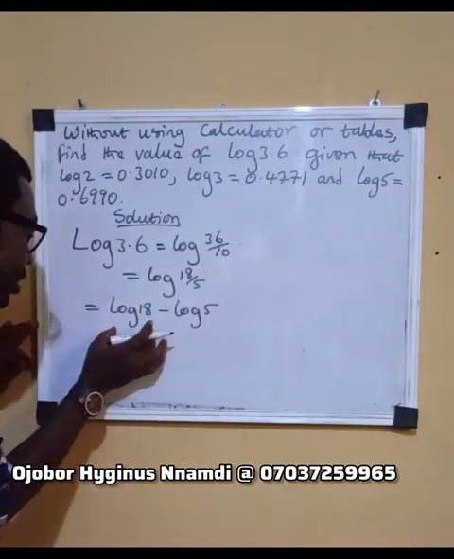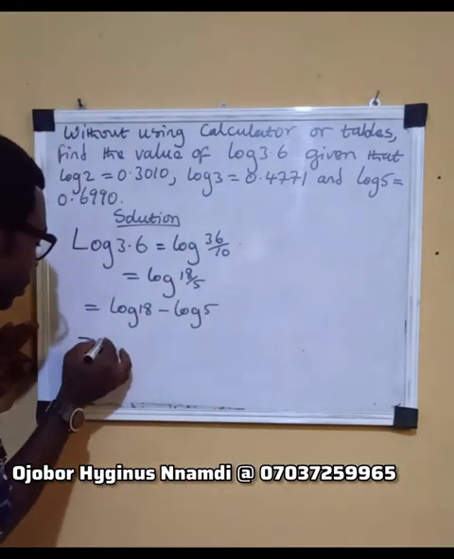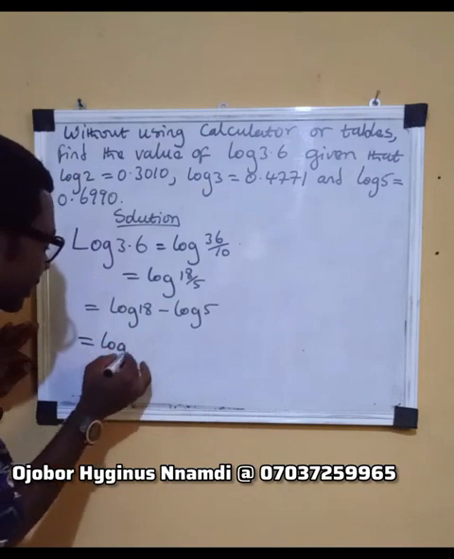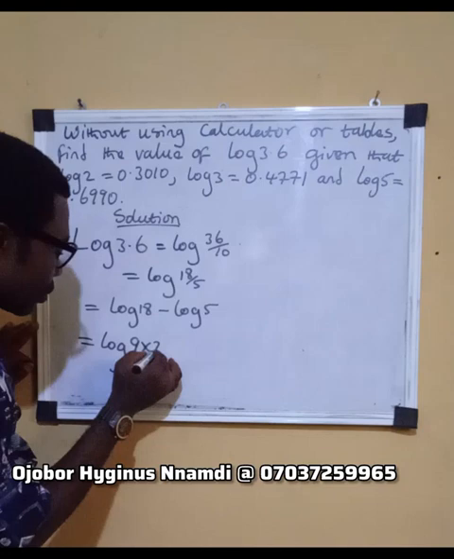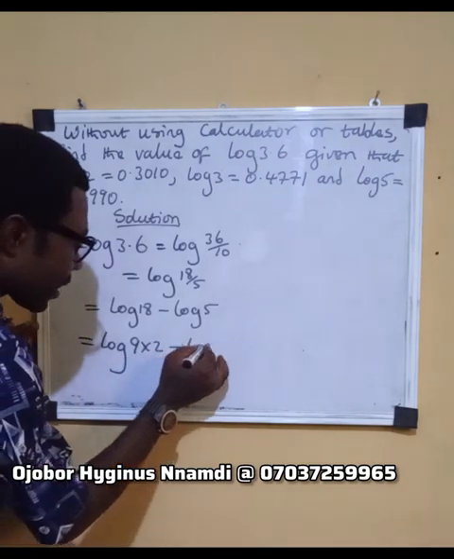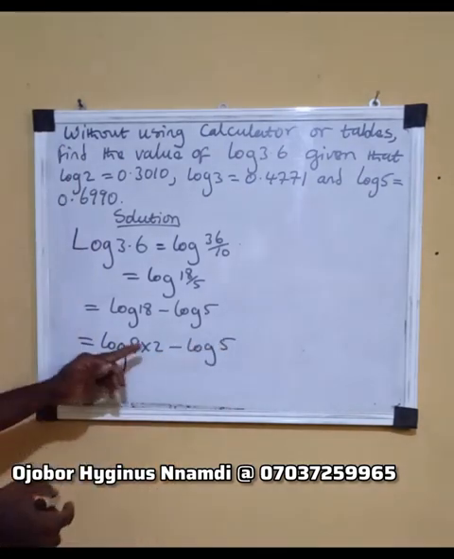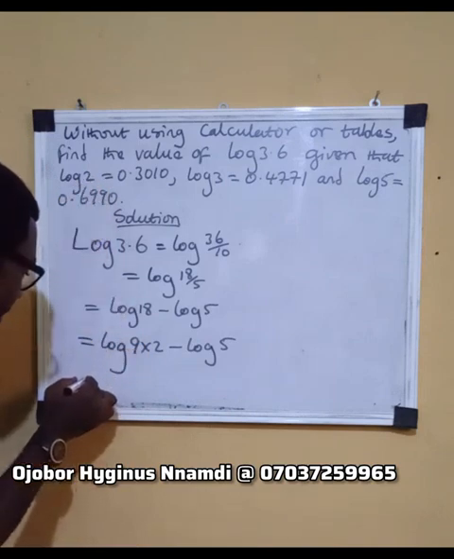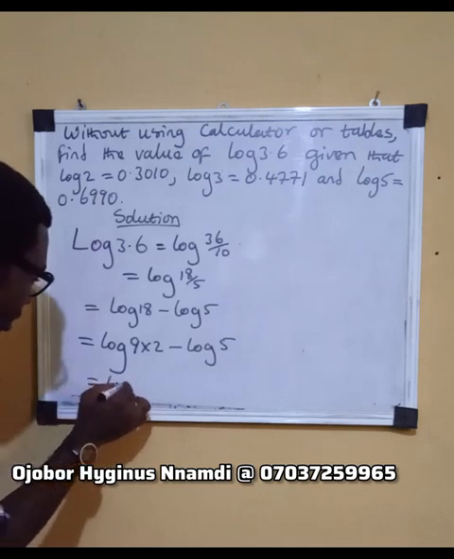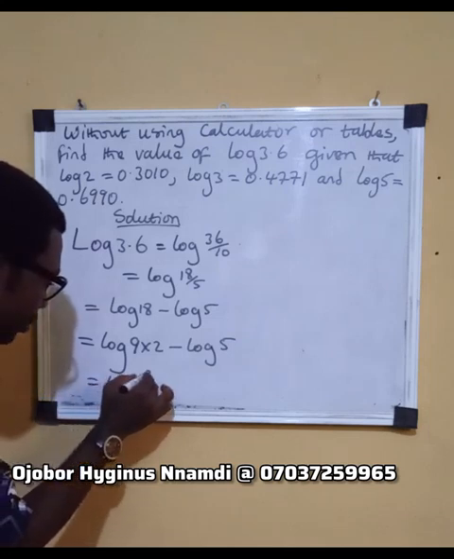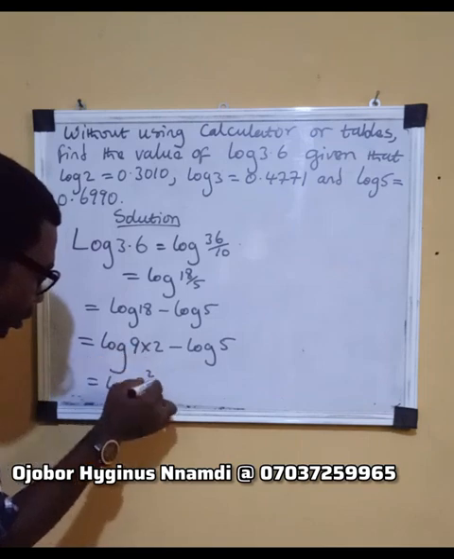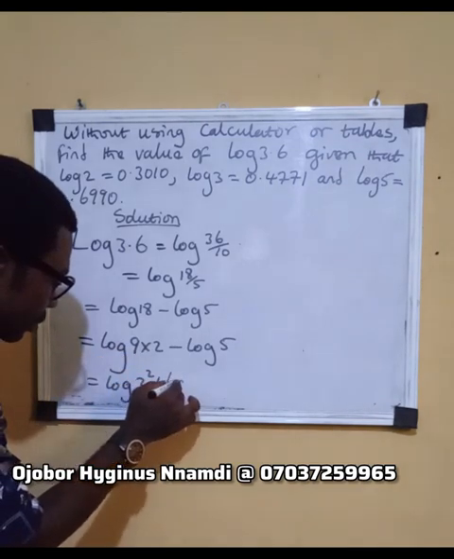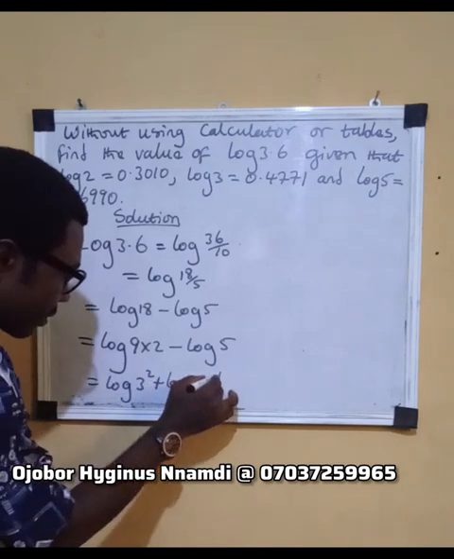So we are going to continue to split this 18. Log 18, we know 18 is 9 times 2, then minus log 5. We have 2 here, but we don't have 9. So this 9 can be written as 3 raised to power 2. Because it's multiplication, it will be log 3 squared plus log 2, then minus log 5.